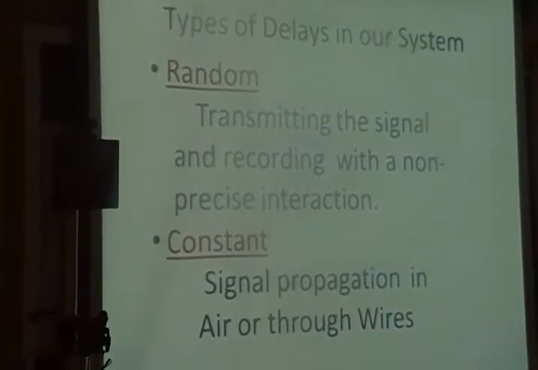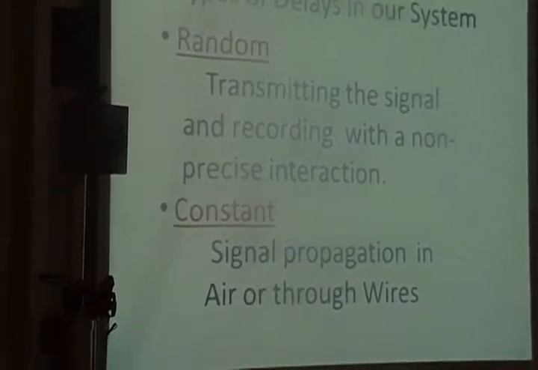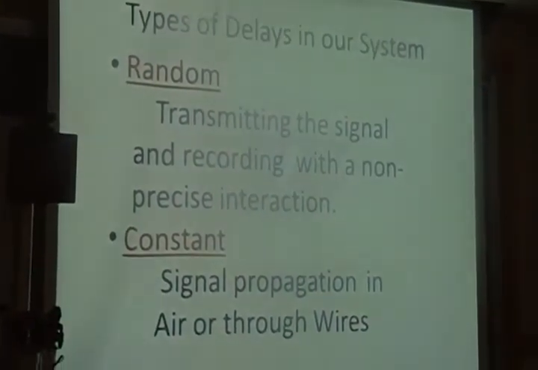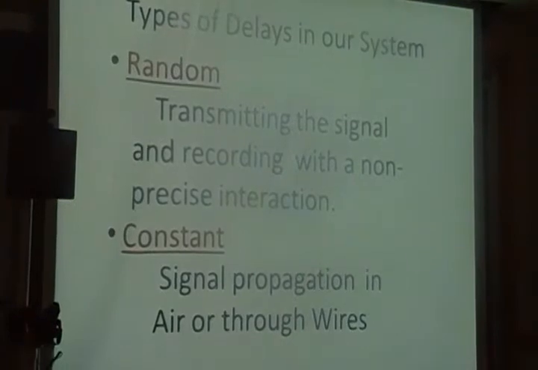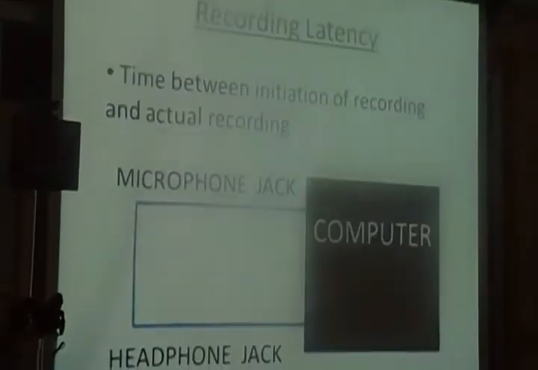As an example of a random delay, say we had the MP3 player over on the side, and I press play and yell, start recording. We have 2 people, so human error: it's not always going to be at the same time. So we have to account for that. We'll consider that random. Another example, a constant delay, is the signal propagation through air, which is what we're using to measure, and also through wires and through the system.